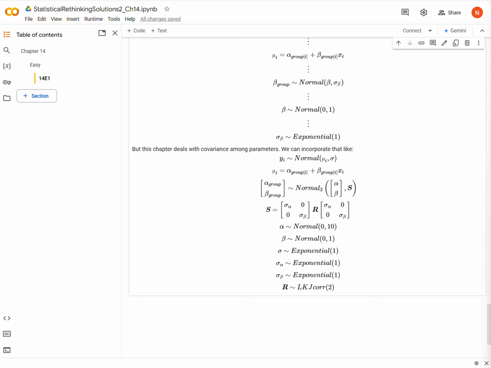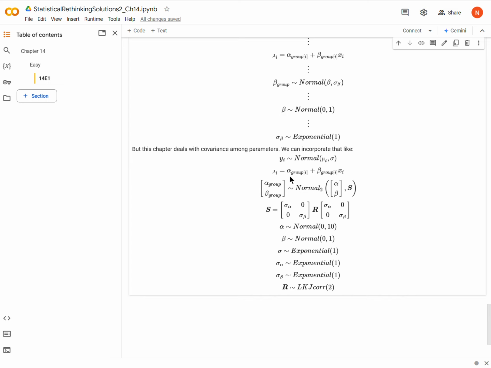You can get a sense of this in section 14.1. We have our model, and we've added our varying intercept and slope for each group. But now we're saying that there's a relationship between these.